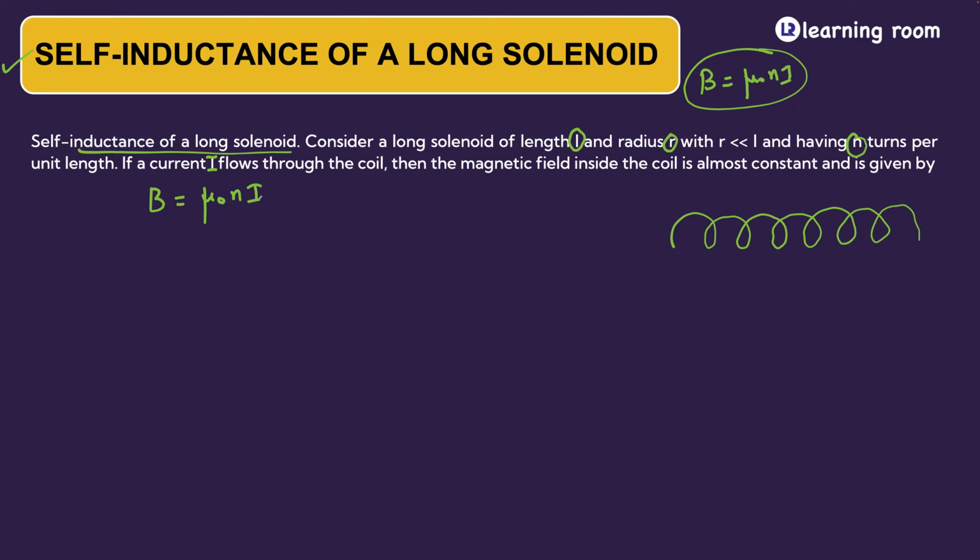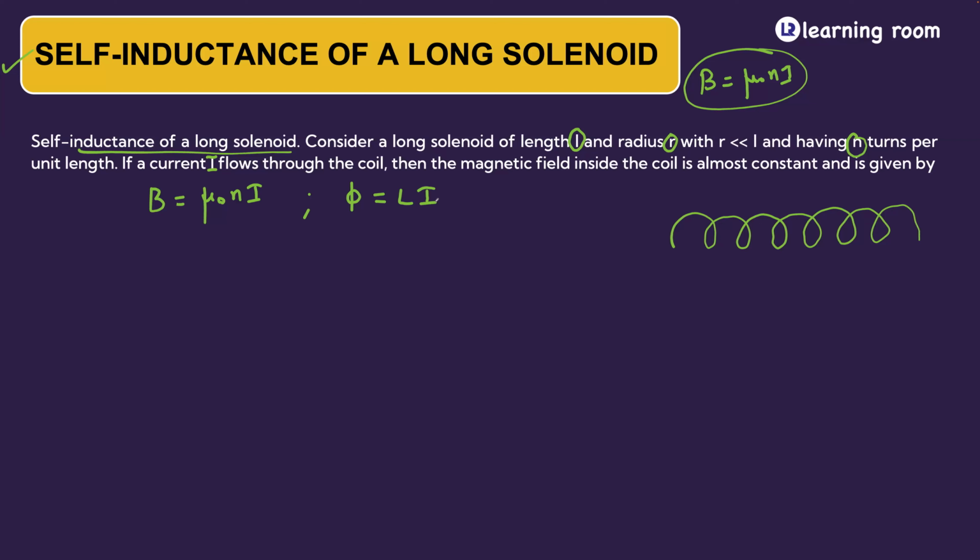What is it that we need to derive? Self-inductance. You remember this expression, phi is equal to L into I. Flux is the value associated with this coil. It represents the amount of flux associated with the coil itself.